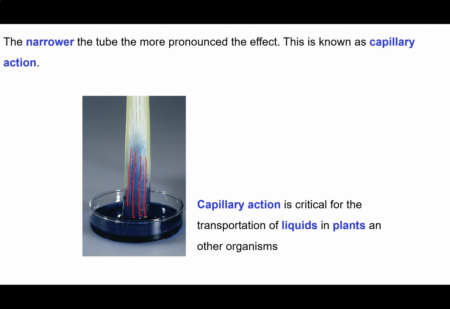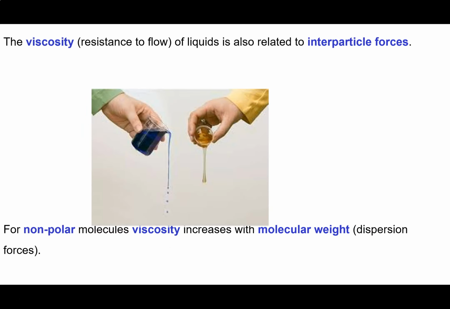And so organisms use this all the time to move fluids around within their system. It's sometimes referred to as capillary action or capillary rise. They're really the same thing, and it's very often used in plants to move fluids around, but it's also used in things like unicellular organisms that don't have any hearts and things like that.